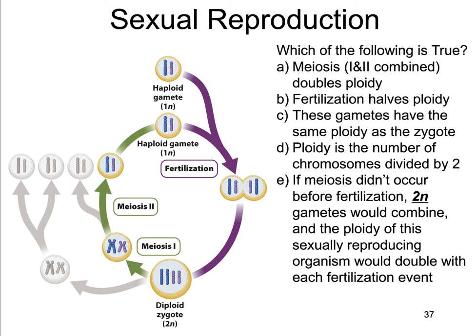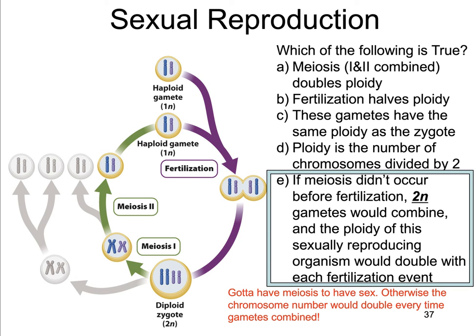Okay, so given all that information and everything that we've talked about, which of the following is correct? All right, so if you said this final choice is the correct answer, if meiosis didn't occur before fertilization, so here we have meiosis occurring and going from a diploid cell to a haploid cell, and then these haploid cells coming together in fertilization.